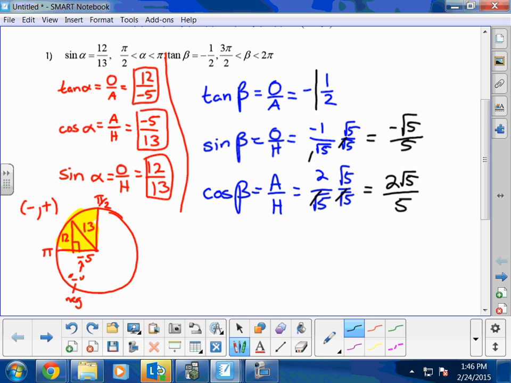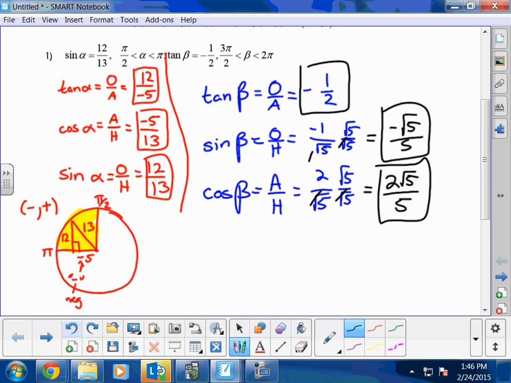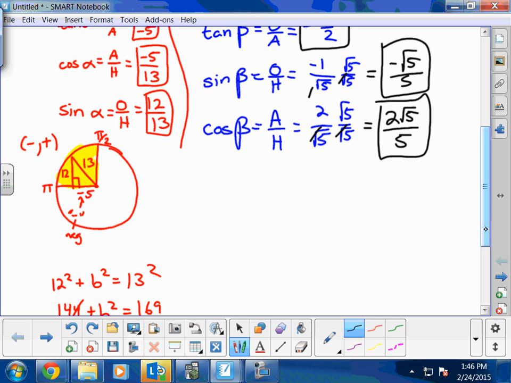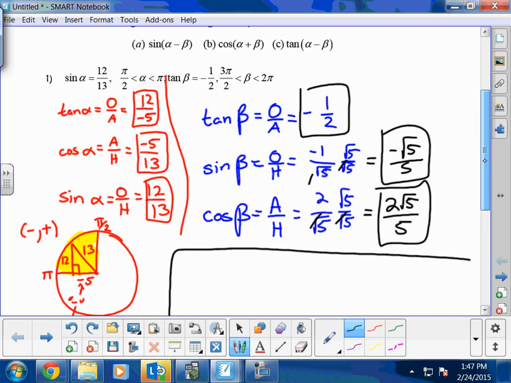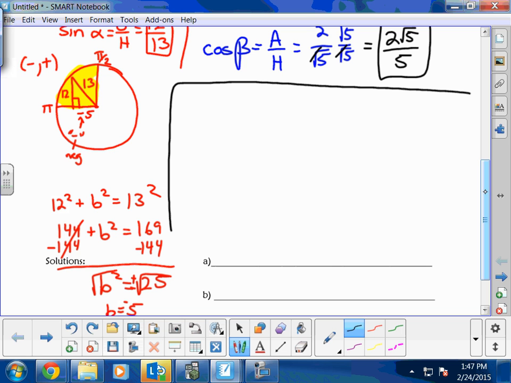Okay, so I got my 3 values. Actually, let me undo that. I want to make sure that I encompass the negative that's there. Negative here and this. Okay, now I'm actually able to apply all 3 of my different identities here. First one being sine of alpha minus beta.